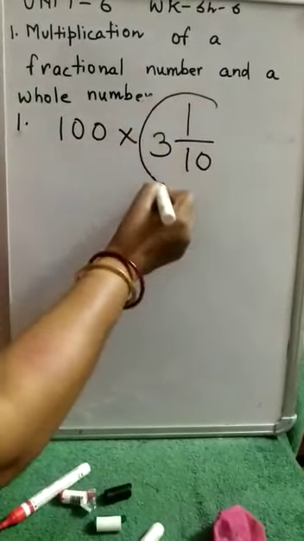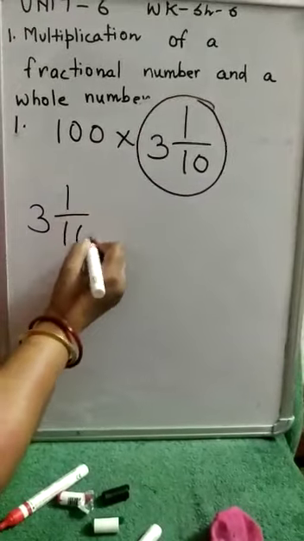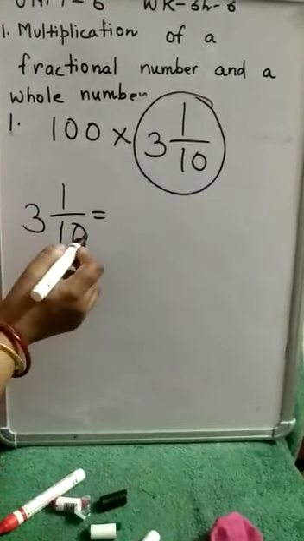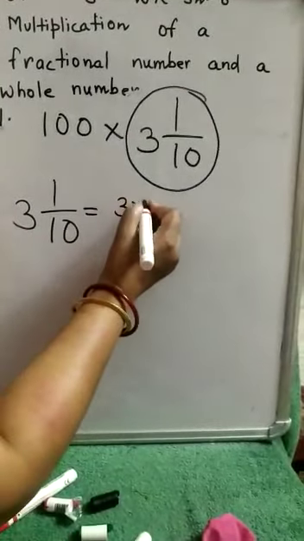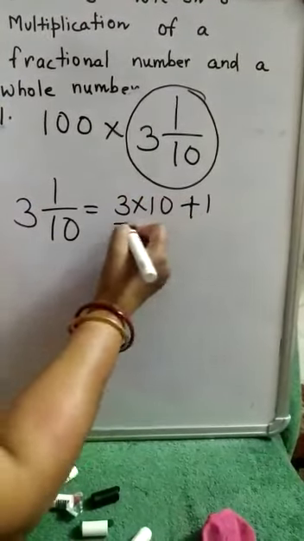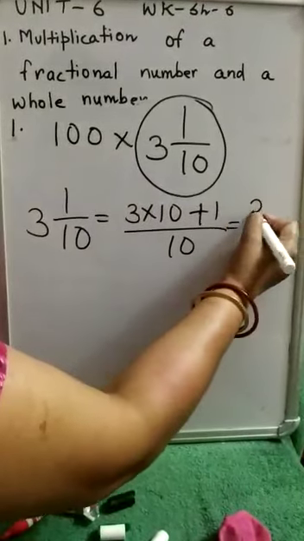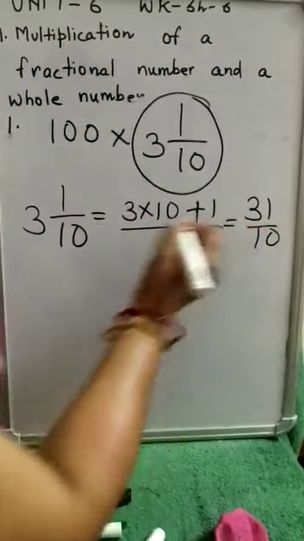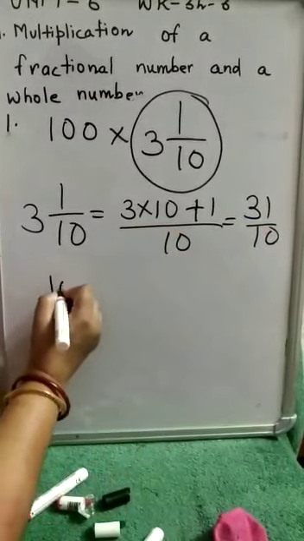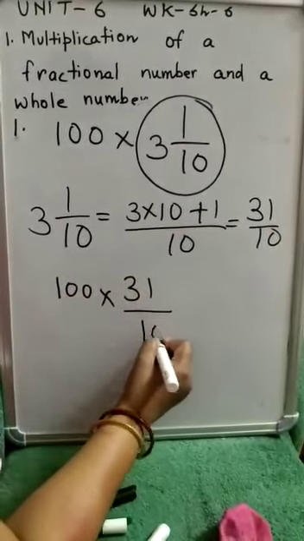So firstly we will have to convert this 3 1 by 10 into a fraction, right. So what we will do, 3 into 10 plus 1 divided by 10. So it equals 30 plus 1, 31 by 10. Now 100 times 31 by 10, correct.